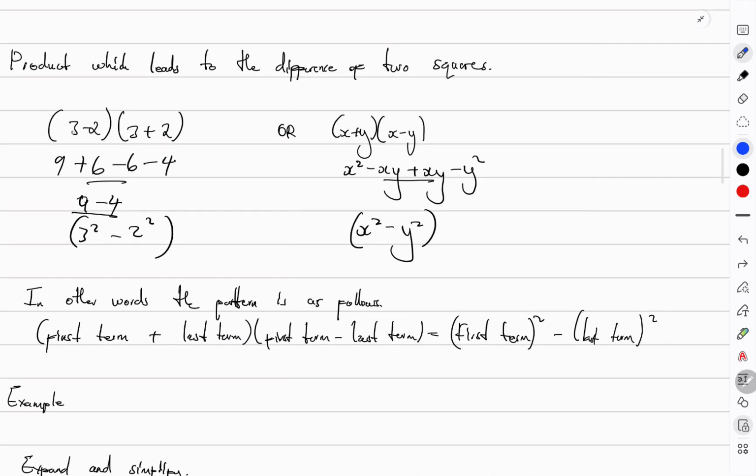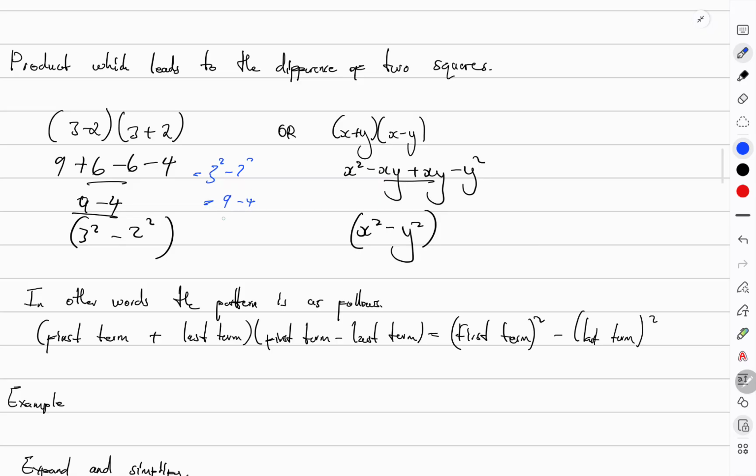So it means if I'm having 3, which is the same, 2, which is the same, meaning my answer will become 3 squared minus 2 squared, which becomes 9 minus 4. So if I'm having x, y, it means my answer will become x squared minus y squared. First term squared minus last term squared.